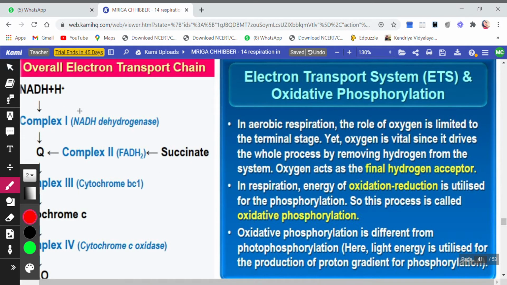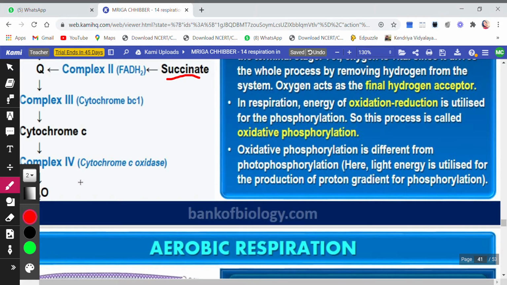This is the NADH plus H plus, which moves on to complex 1. Then from here the electron moves to Q, ubiquinone, complex 2. If FADH2 is the donor, then we will be getting FADH2 from succinate. Then from complex 2 it moves on to 3, and then from 3 to complex 4.